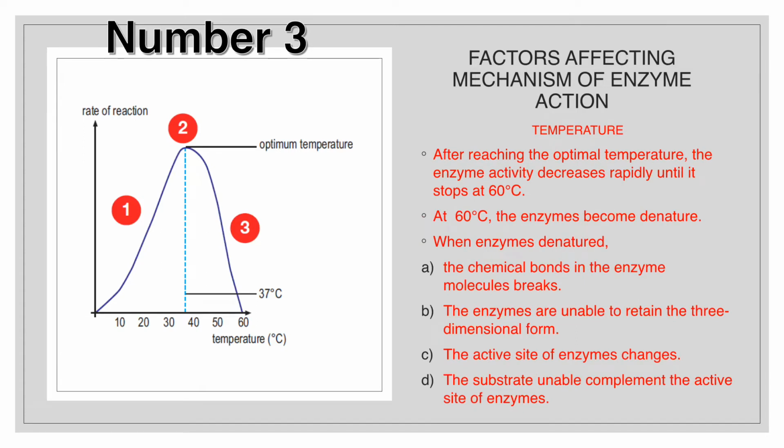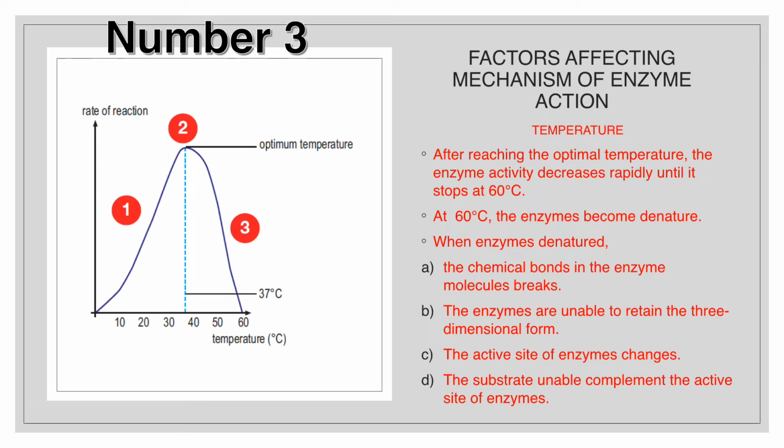Moving to label number 3, where you can see the graph slowly going down. After reaching the optimal temperature, the enzyme activity decreases until it stops at 60 degrees Celsius. Why? Because at 60 degrees Celsius, the enzyme becomes denatured.